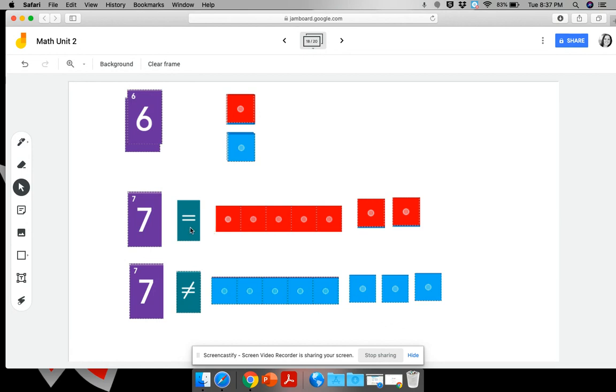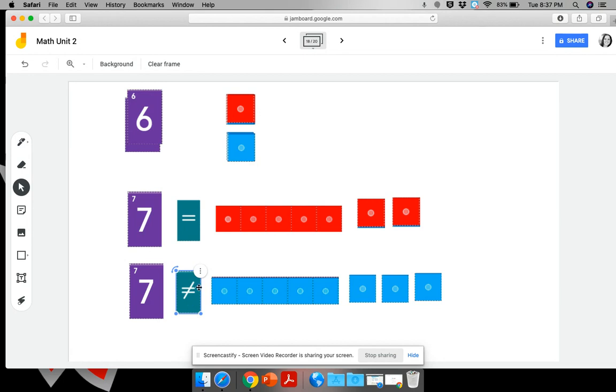So the equal sign here says 7 is equal to 7 squares. This one says 7 is not equal to 8 squares. So when something is the same on both sides and shows the same amount, you'll use the equal sign. When it shows something that is too different or not the same, you will use the not equal sign.